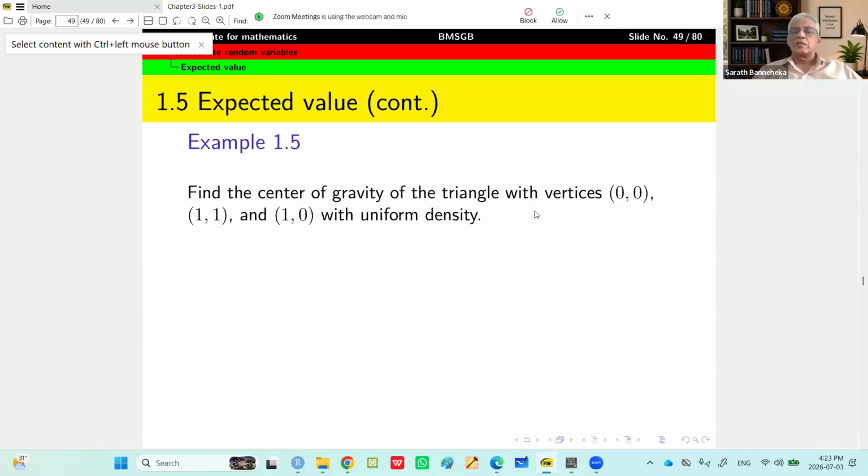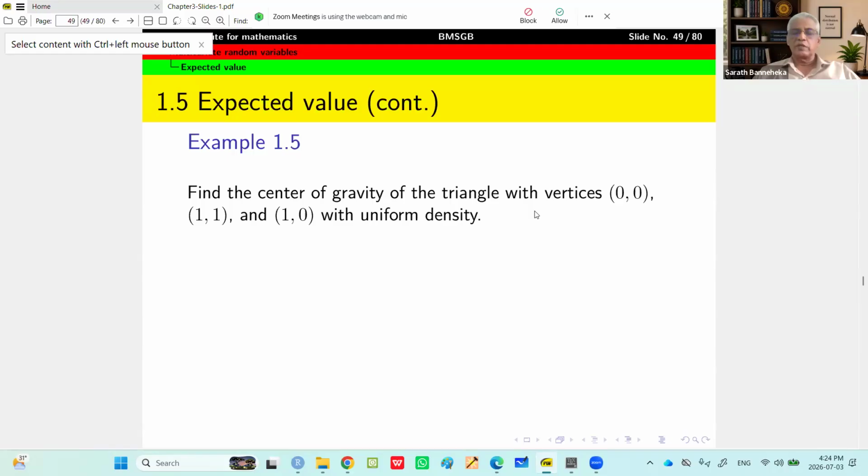You may recall that when I was explaining the expected value of random variable X, I explained that it is the center of gravity of the distribution of that random variable. The same idea can be extended to two variables, the bivariate case also.